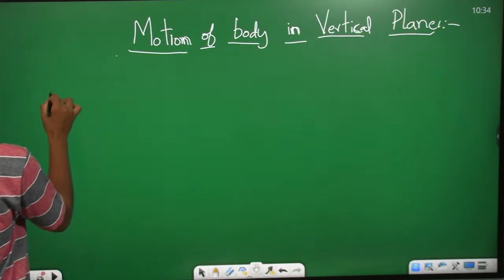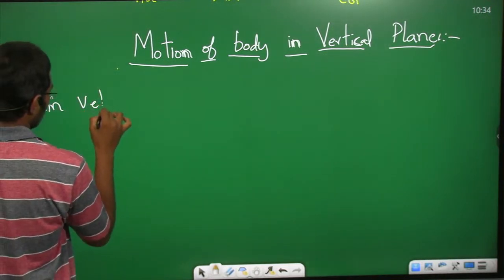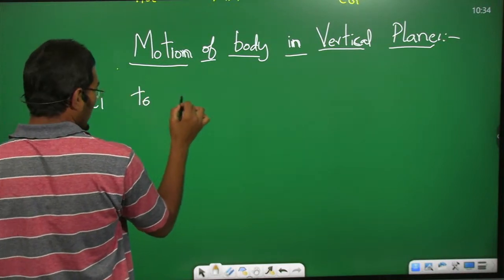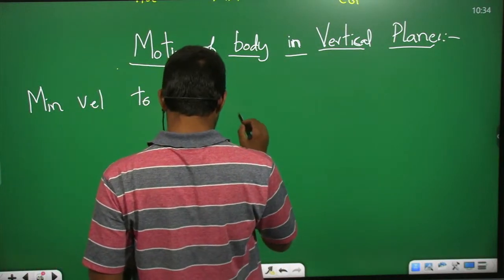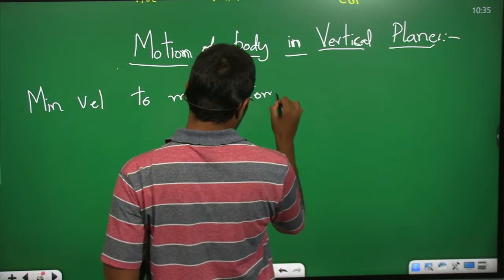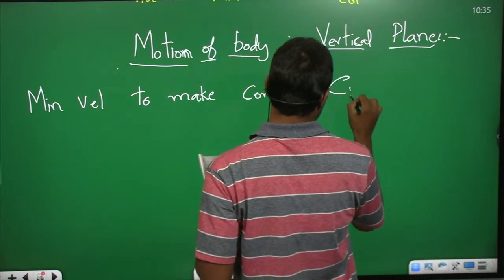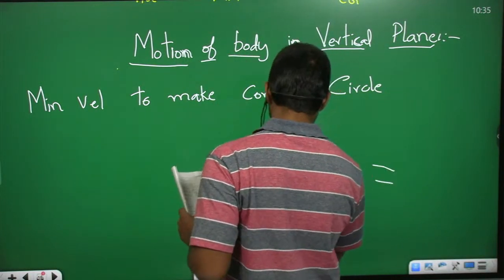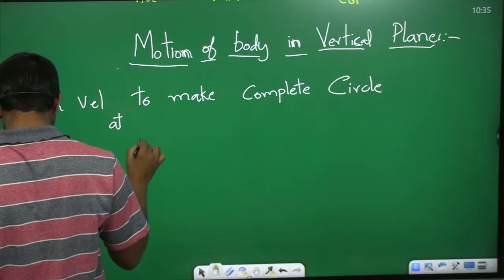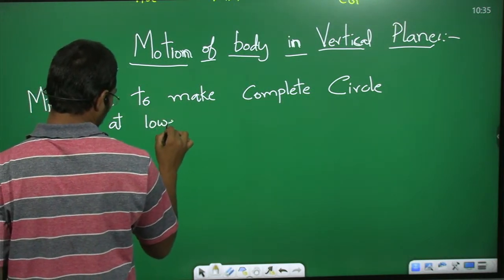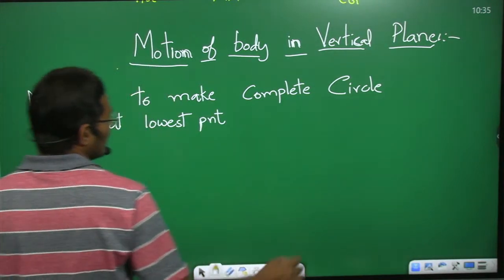So the minimum velocity to make a complete circle, minimum velocity at the lowest point for a body to make a complete circle.